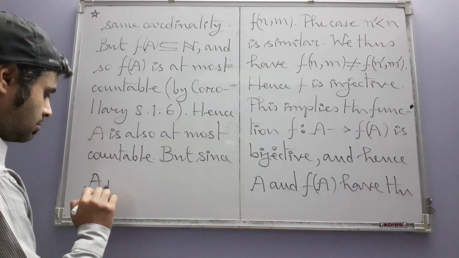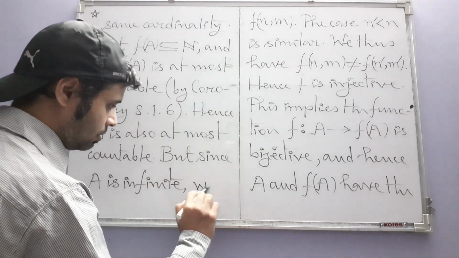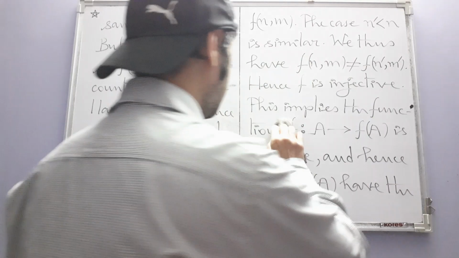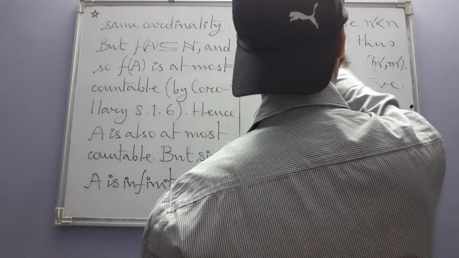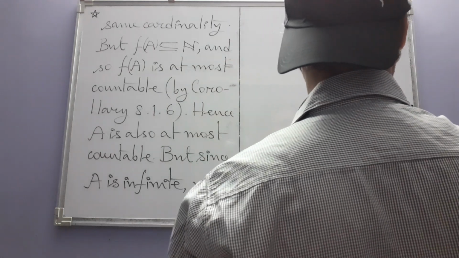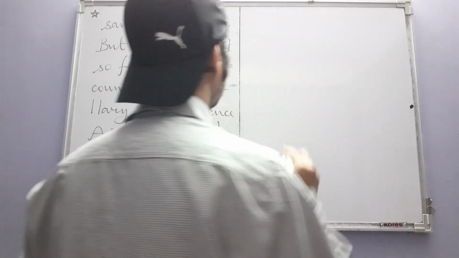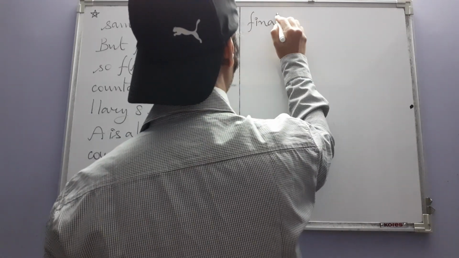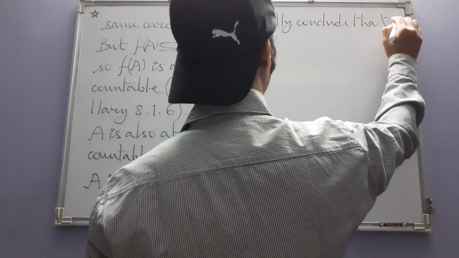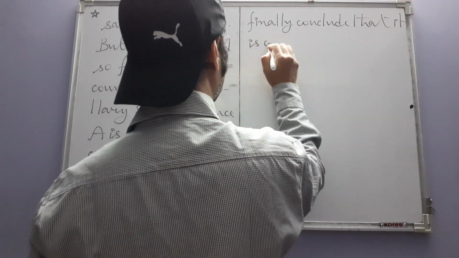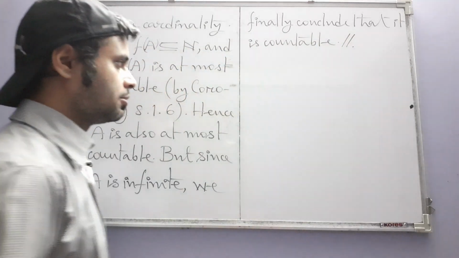But since A is infinite, we finally conclude that A is countable, and here the proof ends.